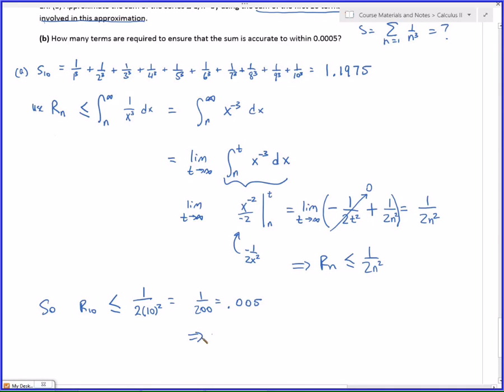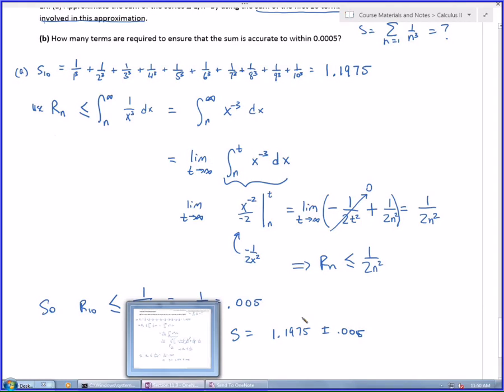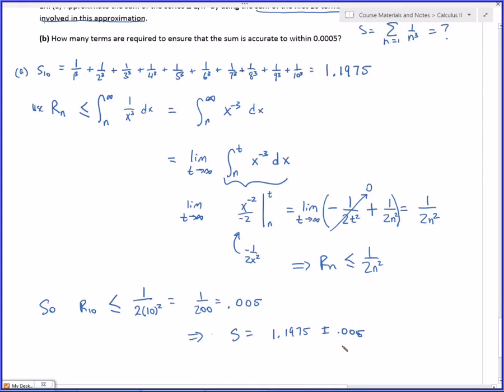So what that tells me is this. The actual sum could be written as 1.1975 plus or minus 0.005. The remainder is no bigger than that. That is, the distance between s and sn is no bigger than that.